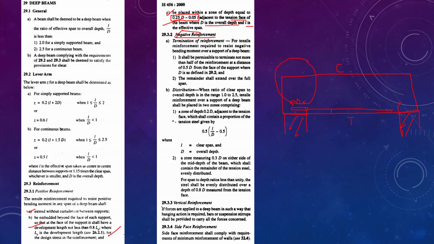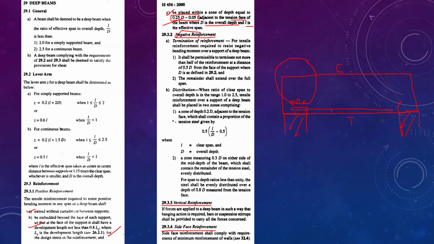Clause number 29.3.3 is vertical reinforcement, and 29.3.4 is on the side face reinforcement. So that means if the forces are applied to a deep beam in such a way that hanging action is required, bars or suspension stirrups shall be provided to carry all the forces concerned.